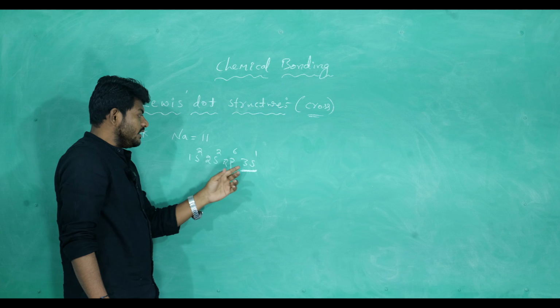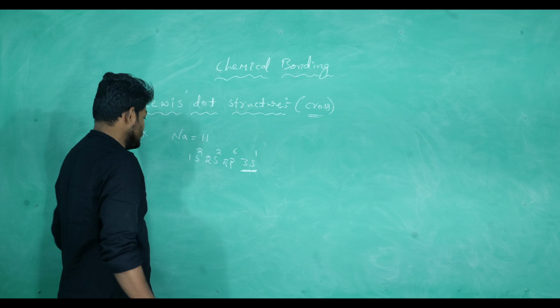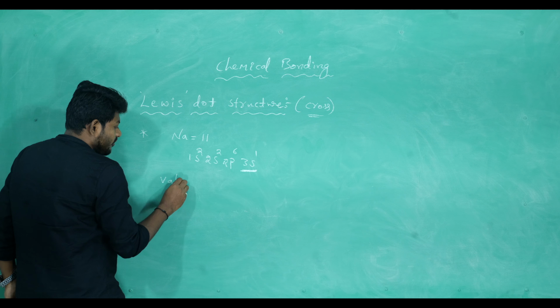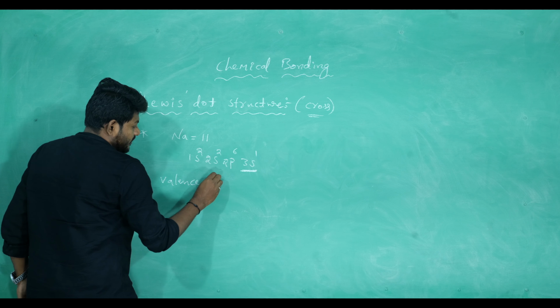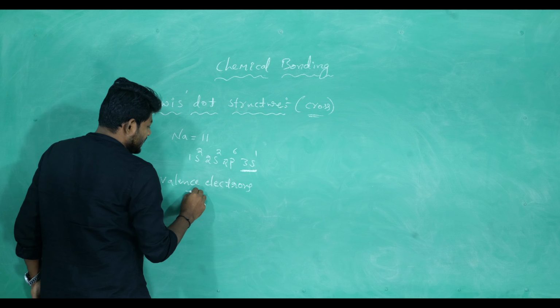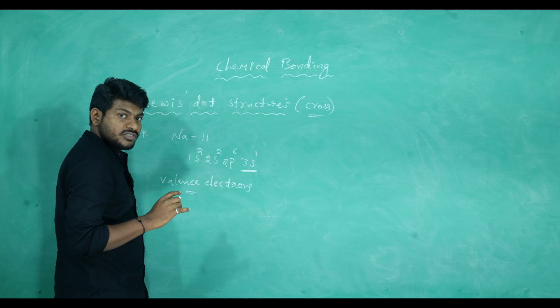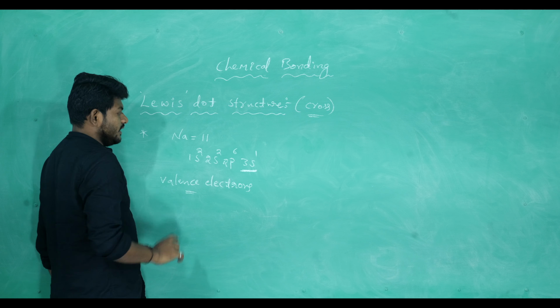We call these outermost electrons valence electrons. We have to count how many valence electrons it contains, and we represent those electrons with dots.